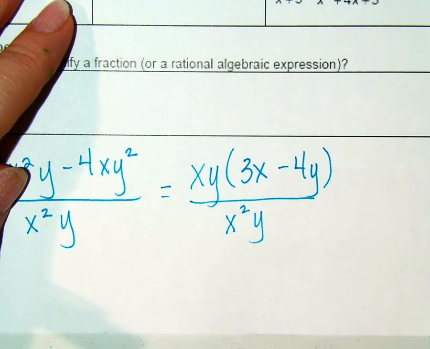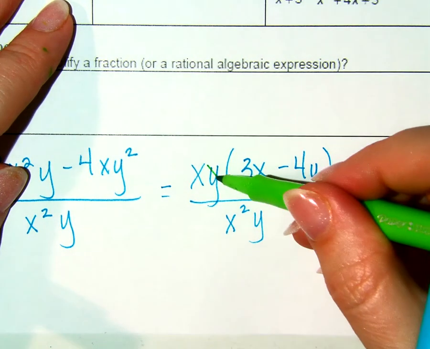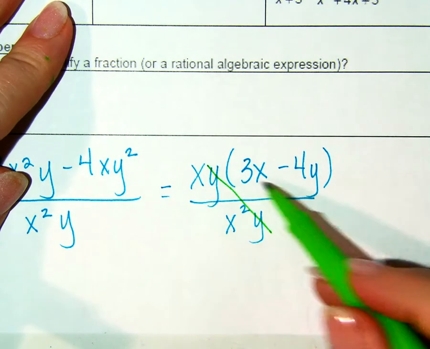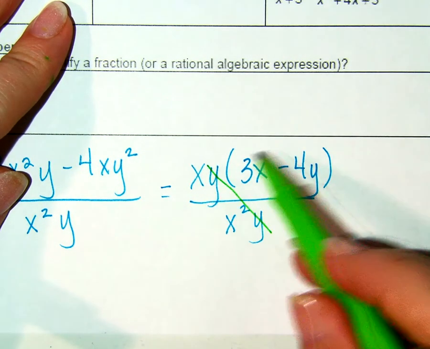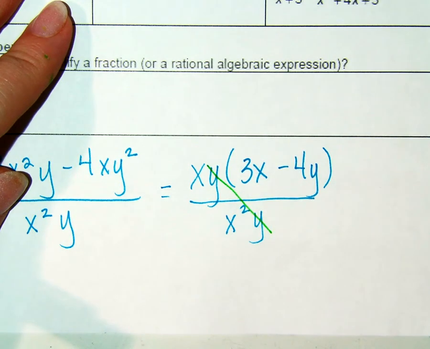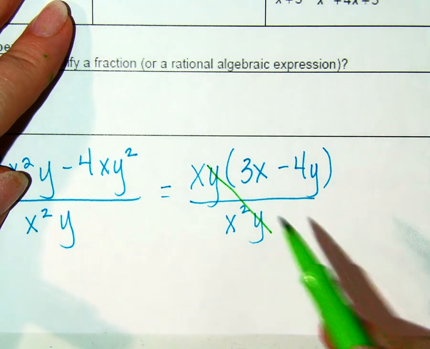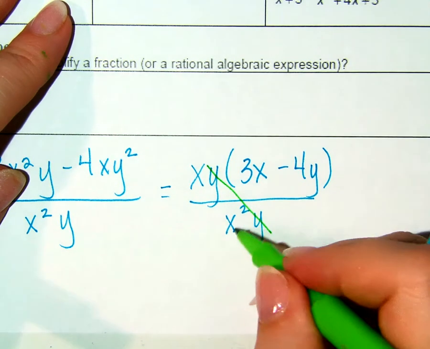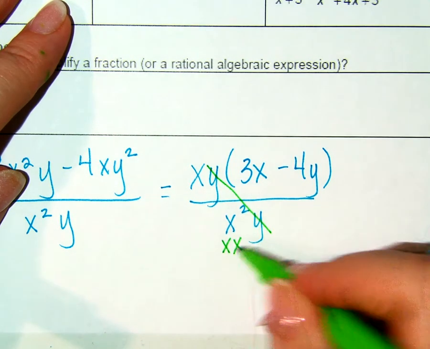What? I can do the y's now because it's a factor. It's this being multiplied by that. So that's one of the factors. That's one of the factors. Is that it? Is that all I can simplify? Yeah. Think about it. This is really x times x, right?